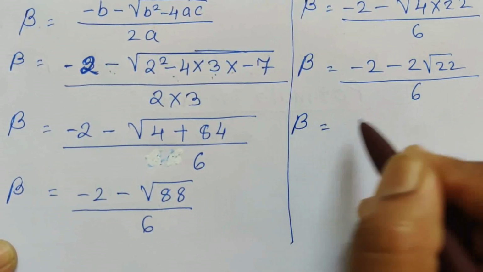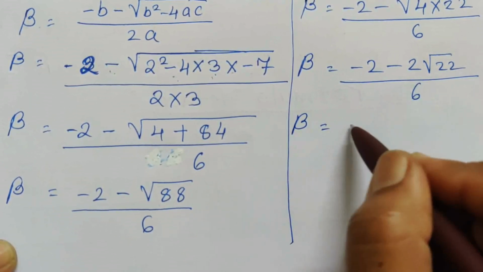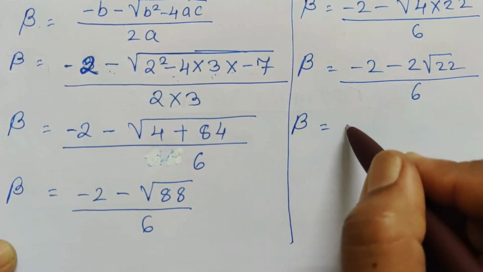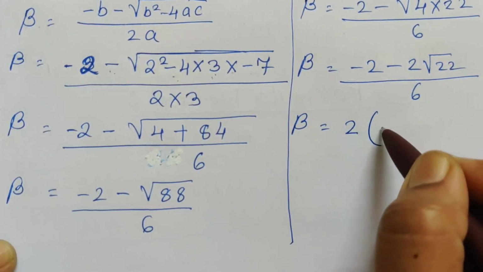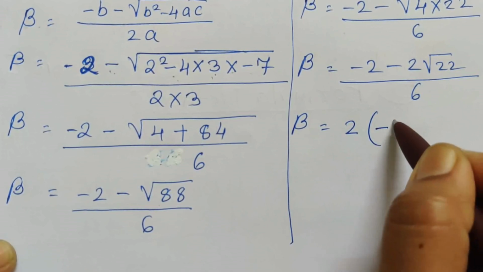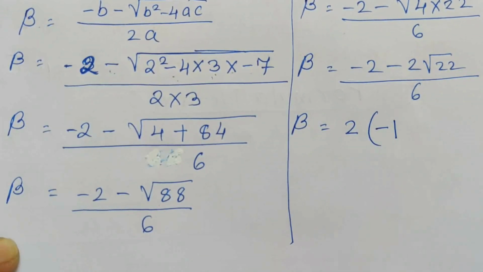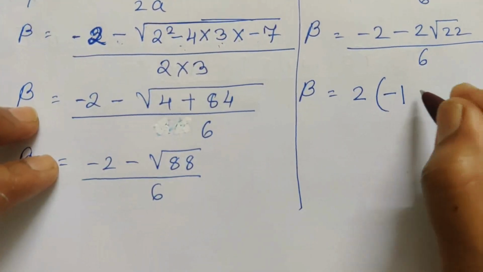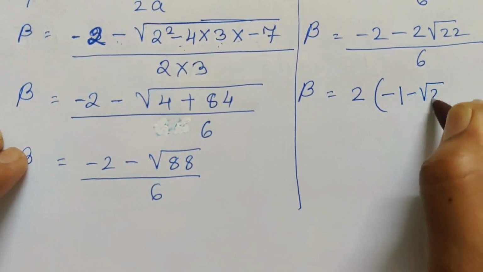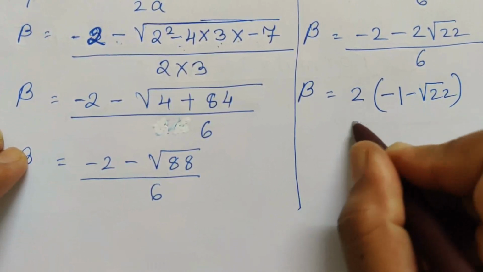Beta equal to, take 2 as a common factor, so you get here 2, inside remain minus 1 minus root 22 upon 6.